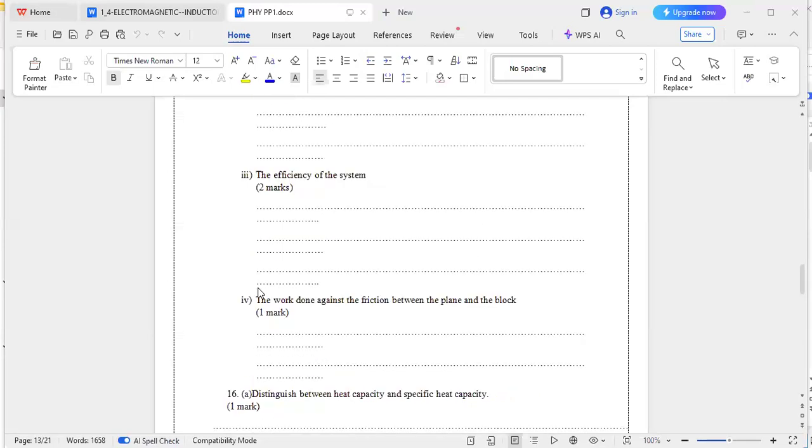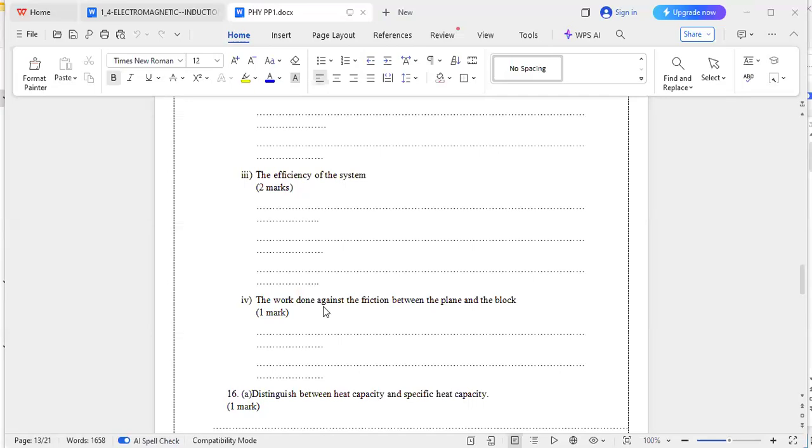Then the last part is work done against friction. This is the useless work done. Therefore, we take work input minus work output, which is 849.2 minus 600.